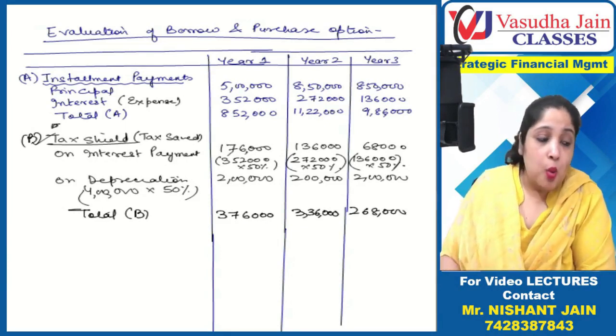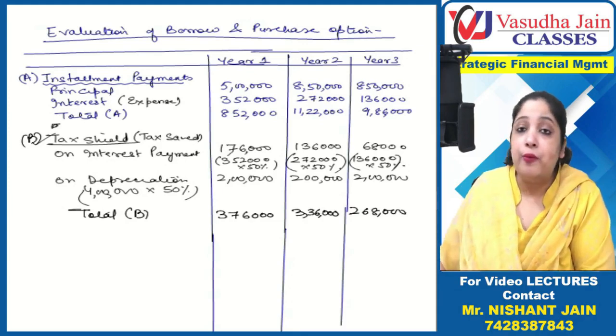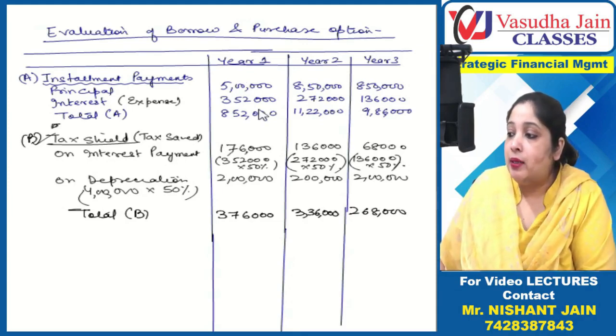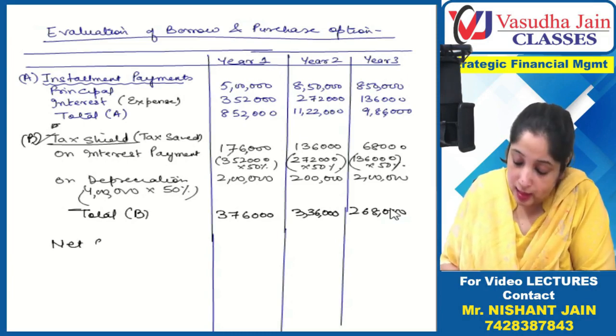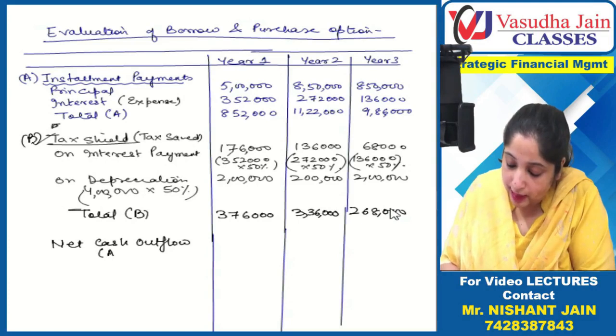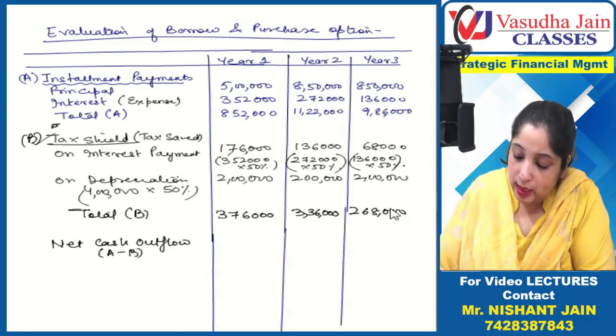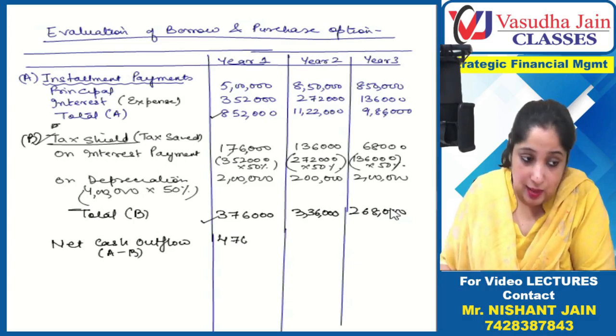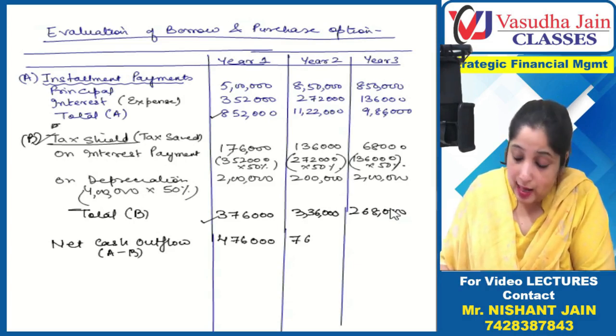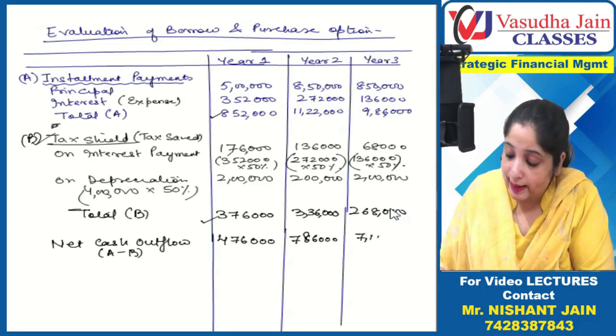So let us see what is the net cash outflow every year. Every year these are the outflows, 852, 1122, 986, and these are the inflows. So what is the net cash outflow? Basically we are going to subtract A minus B. 8,52,000 minus 3,76,000 comes out to be 4,76,000. Then 7,86,000 and then 7,18,000.